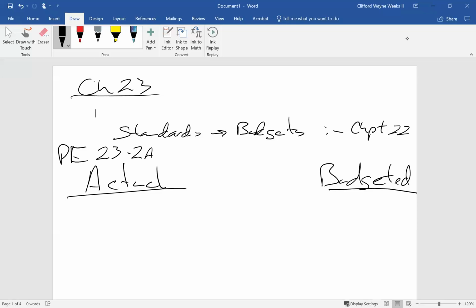And so those, if you've watched the videos or you read the chapter, both direct materials and direct labor are variable costs. And so the calculation of these three variances are identical, all right? Because really what we're doing is we're saying, hey, for our budgeted numbers, we had a standard price, and we multiplied that times some sort of standard quantity.